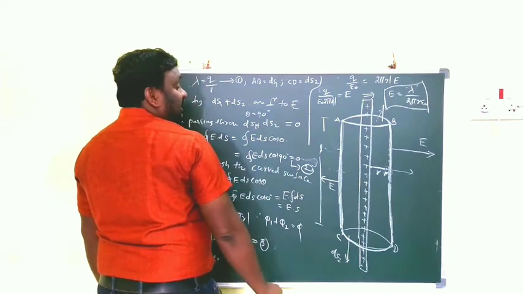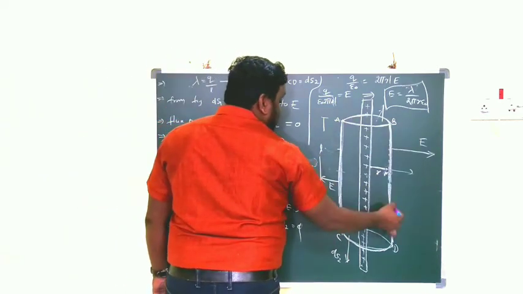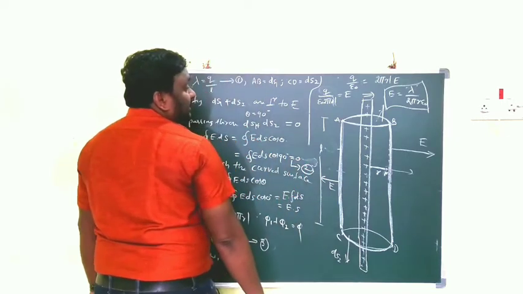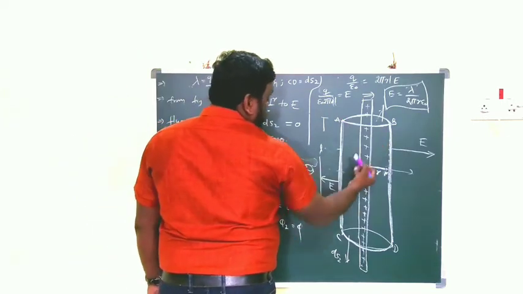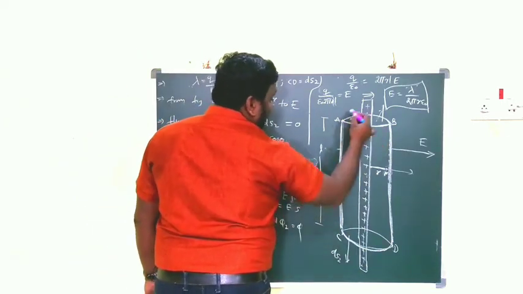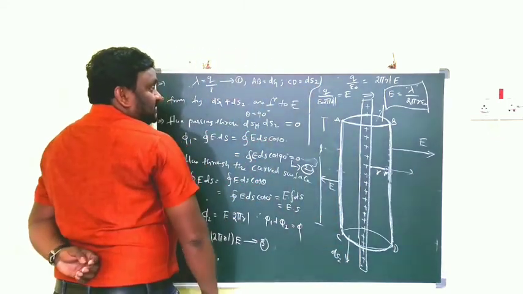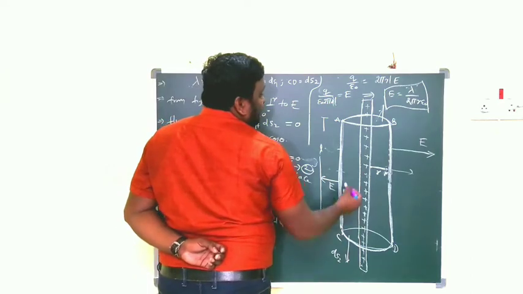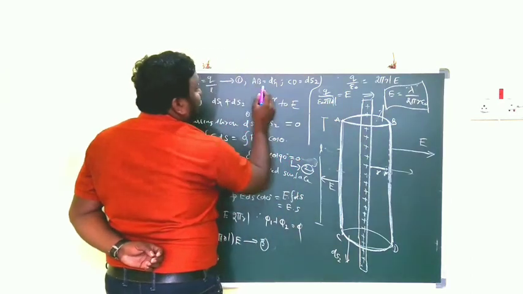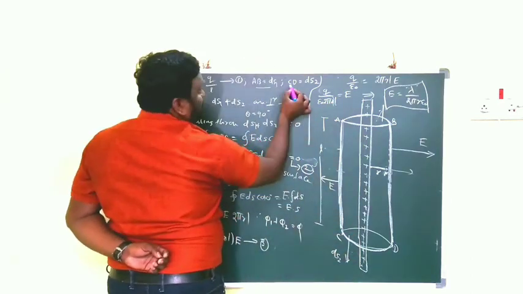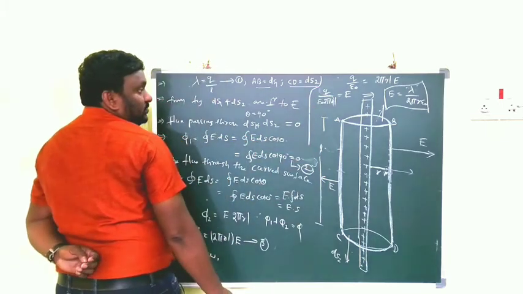Further, the cylindrical Gaussian surface should be divided into three parts: AB is one, CD is one, and the remaining curved surface is taken as one surface. First, AB is ds1 and CD is ds2.